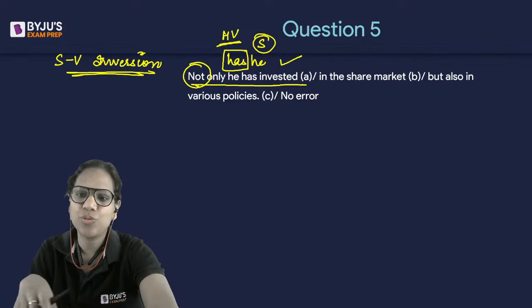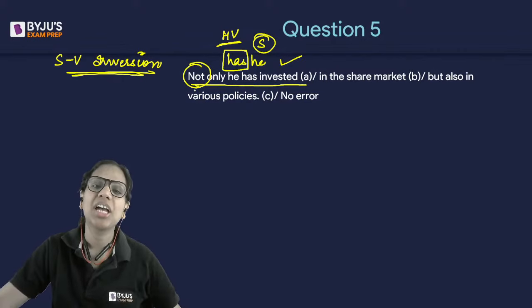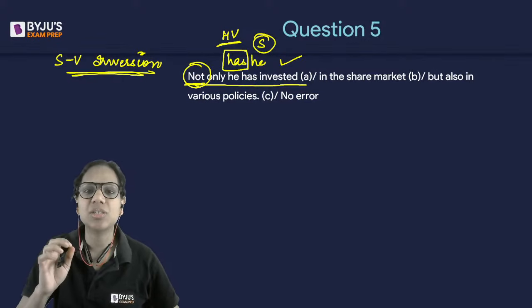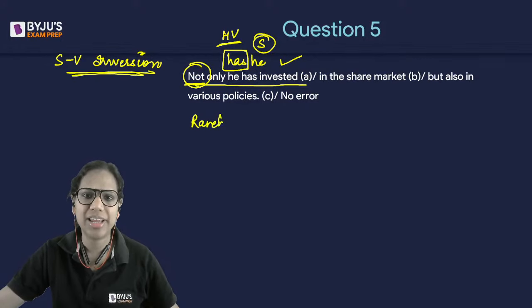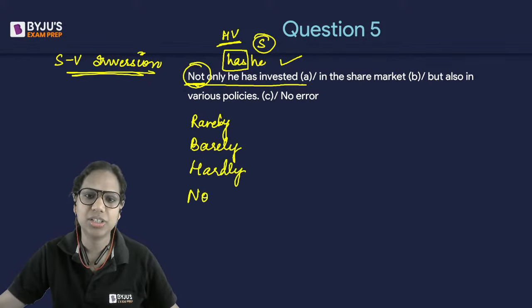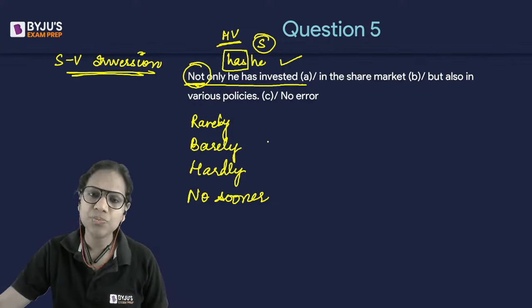Yes, it is helpful for CET because CET does ask a lot of grammar questions, right? When my sentence begins with a negative word like not or rarely, barely, hardly, no sooner. So these are negative words, aren't they? When my sentence begins with a negative word, then subject verb inversion happens.